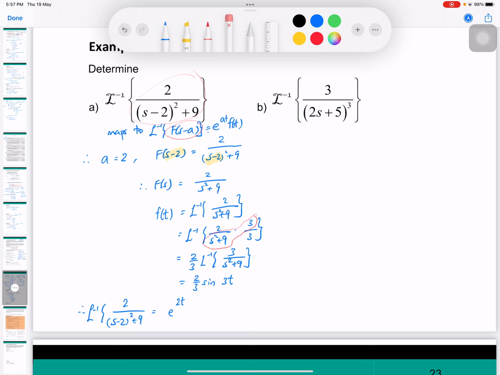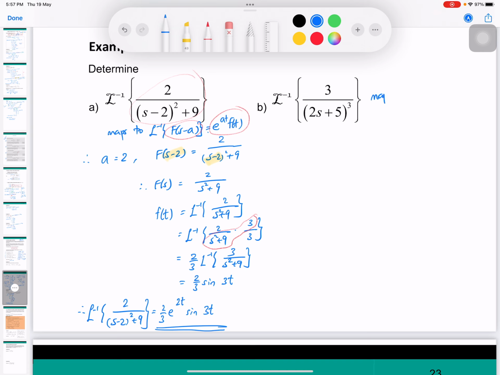Okay, so lastly, put into the question: inverse Laplace of 2 over s minus 2 squared plus 9 equals to e to the at f of t. So that is the answer for this question. And one more here.